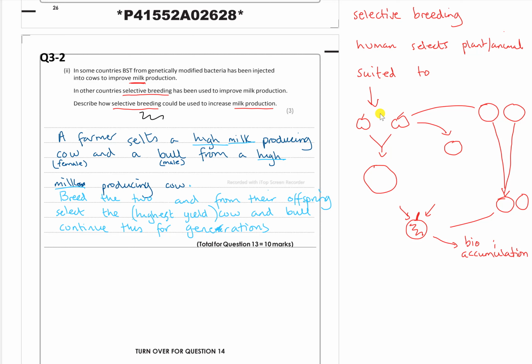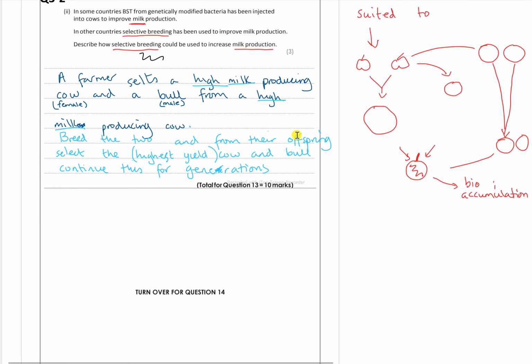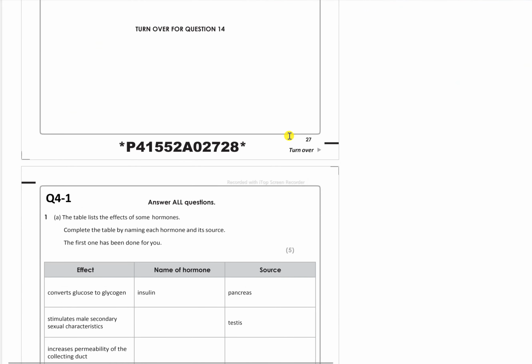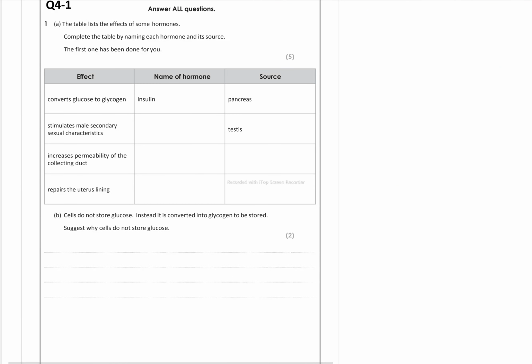Right, I think that's good. Insulin is from the pancreas. What's from the testes, something that stimulates male secondary sexual characteristics? It is testosterone.